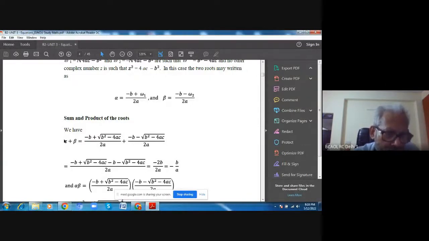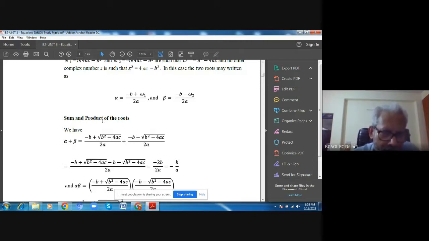That is one root, and there is another root. So you have to calculate the sum and product of the roots.